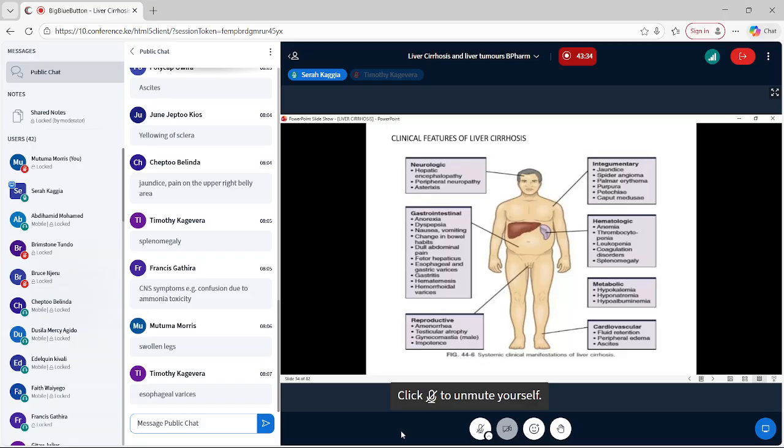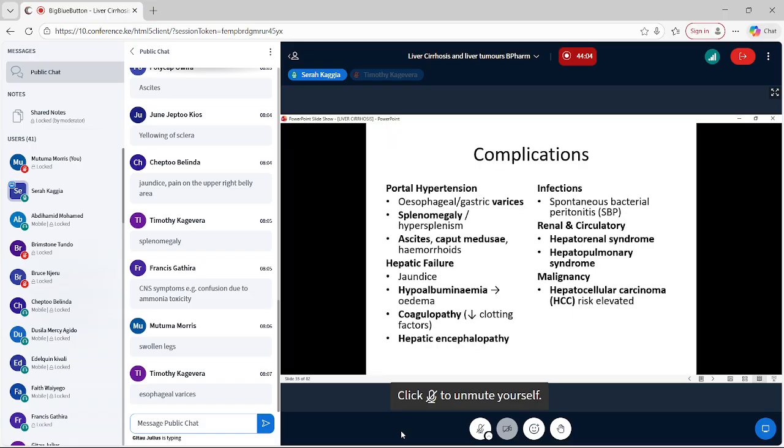We have seen that they will not do conjugation, so you'll have jaundice. They'll not synthesize albumin, so you'll have hypoalbuminemia, which leads to edema and ascites. You'll have no coagulation factors being synthesized, so you'll have a coagulopathy with a prolonged prothrombin time. I say that because I know you've done hematology, so you understand.